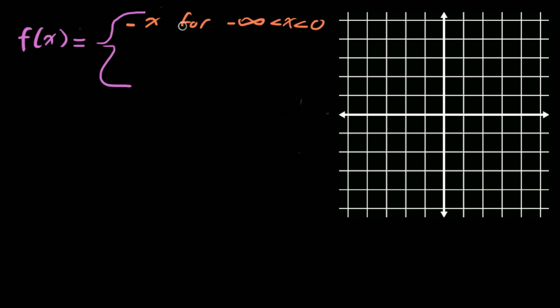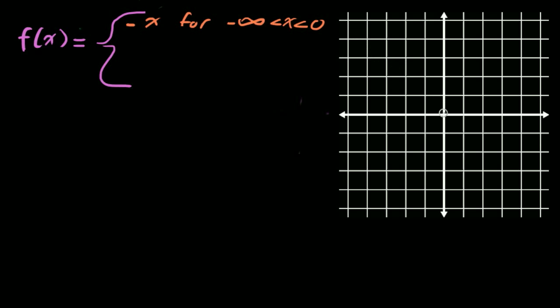So that means for all values of x less than but not equal to 0, our function is going to look like the minus x function, y is equal to minus x.